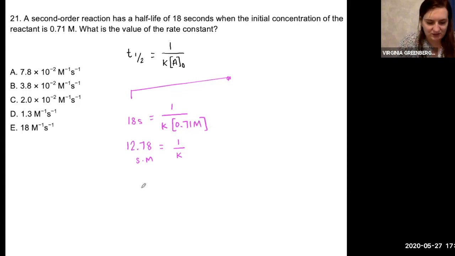And when we do 1 over 12.78, we get that K is equal to 7.82 times 10 to the negative 2. And then now we have 1 over molarity and 1 over seconds, which would correspond to answer choice A.